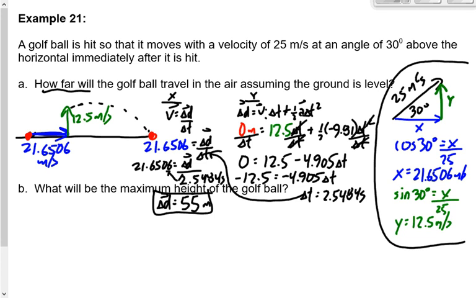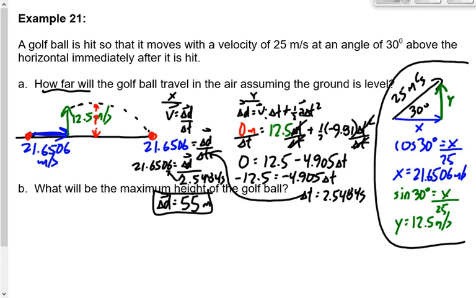Now, if you were an engineer maybe designing a golf dome, like a driving range indoors, you might want to know how high the roof needs to be so that the balls don't hit the roof. In other words, what's the maximum height that a golf ball will travel before it starts coming back down?